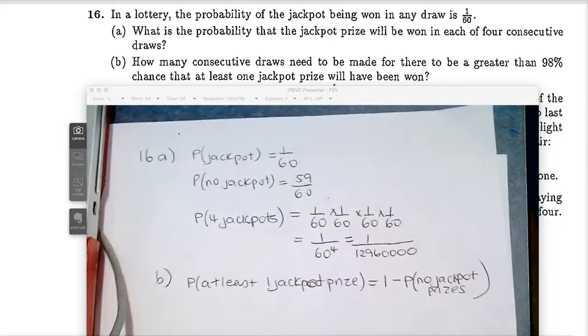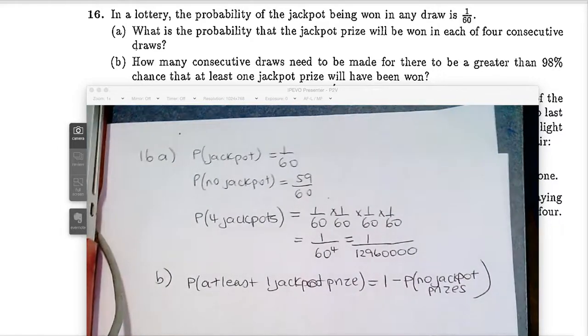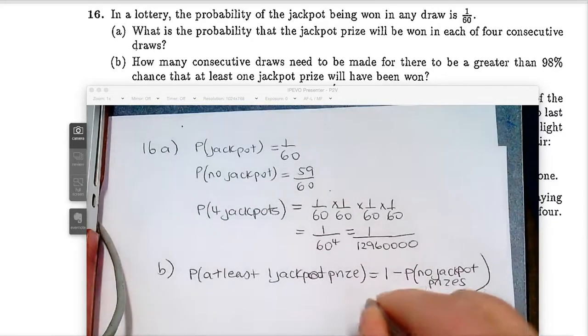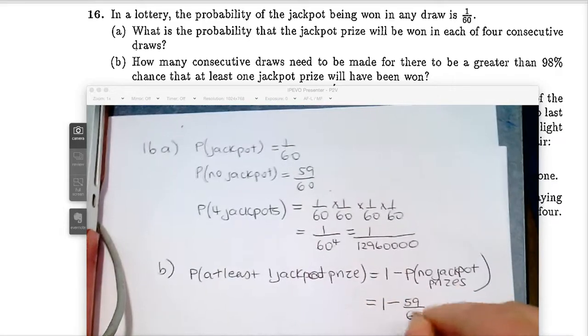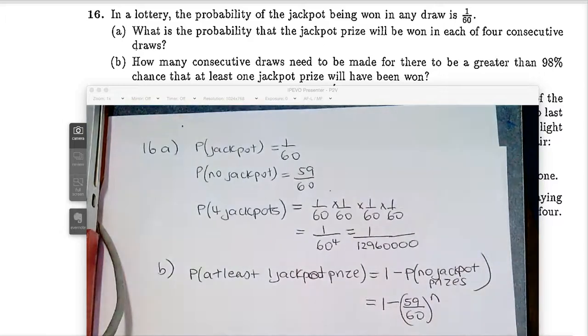Now, we don't know how many draws, so we're going to let the number of draws be n. So it's 1 minus 59 out of 60 to the power of n for n draws. We don't know how many draws. Like if it was for 2 draws, it'd be 1 minus 59 over 60 squared. If it's 3 draws, it'd be 1 minus 59 over 60 cubed.